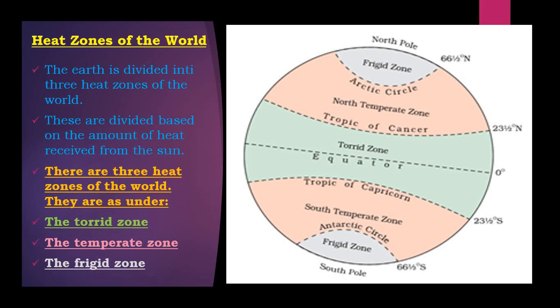So, dear children, so far we have studied the factors influencing climate. In that we saw the factors that affect the climate of a place: distance from the equator, that is latitude; height above the sea level; third, distance from the sea; and fourth, wind.